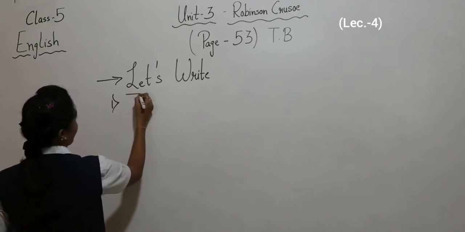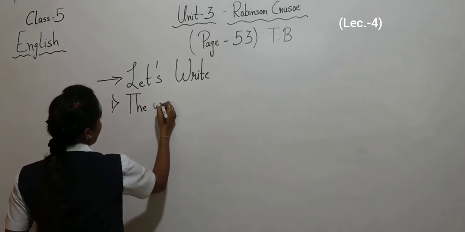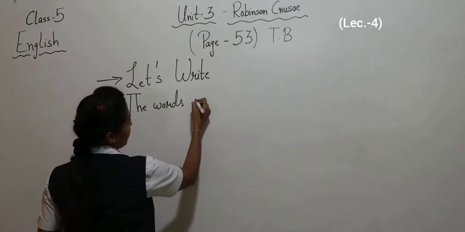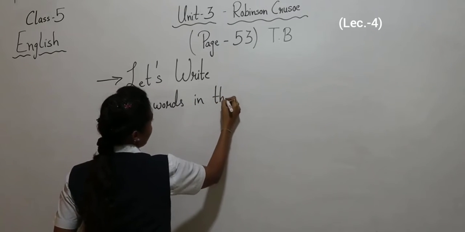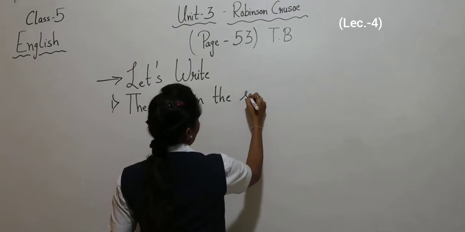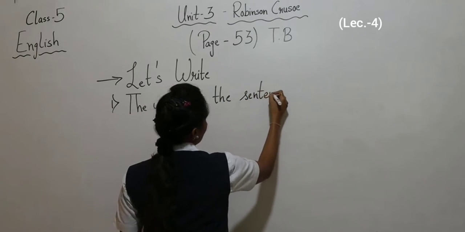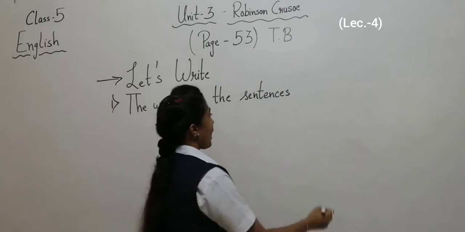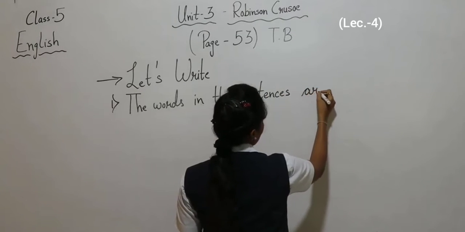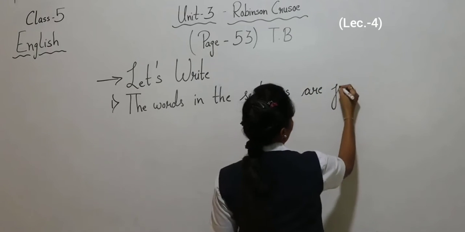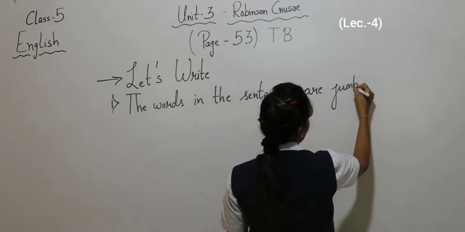1. The words in the sentences are jumbled. Jumbled, that is, not in a proper order.